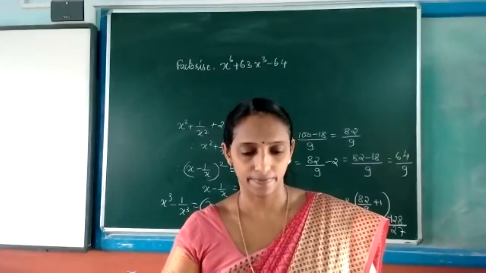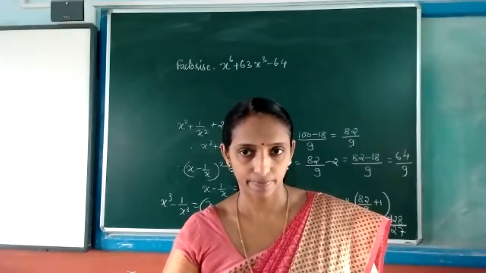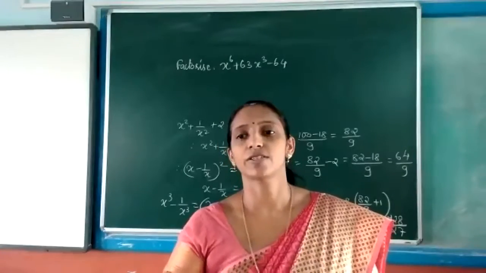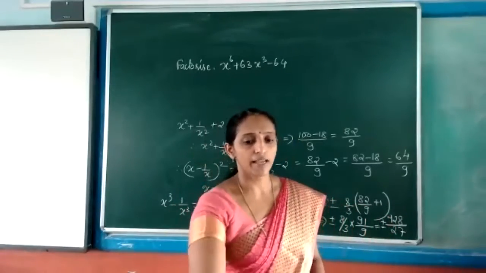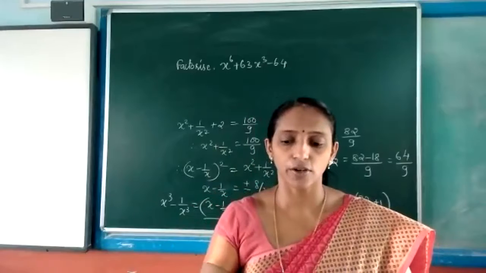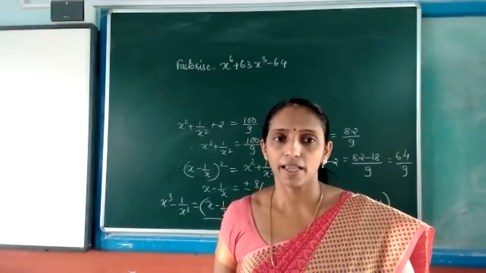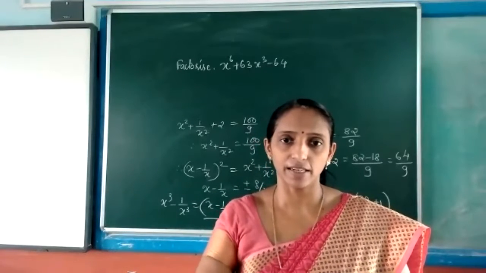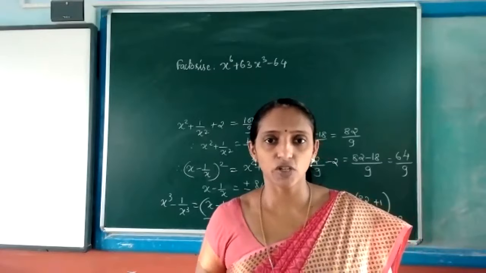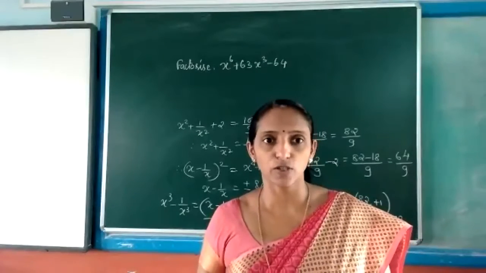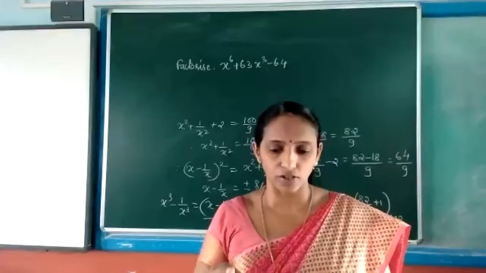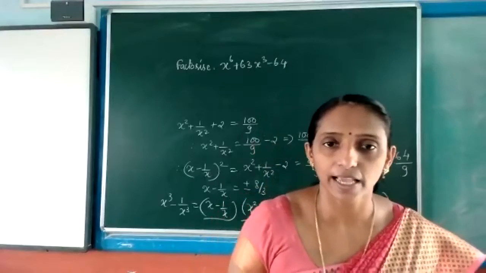Then in the second bracket, x square minus 4x plus 16. Very good. Correct answer. So the answer will be x plus 4 into x square minus 4x plus 16 in one bracket, again into x minus 1, another bracket x square plus x plus 1.